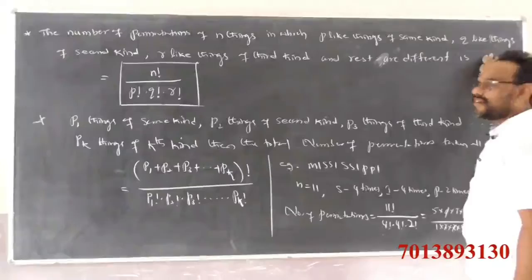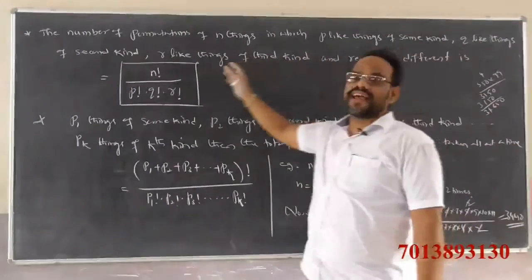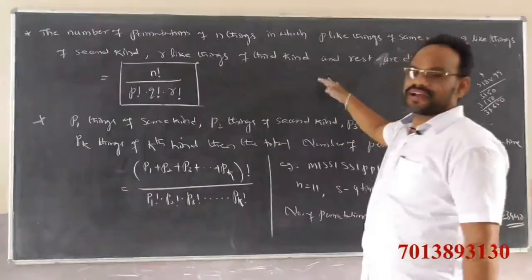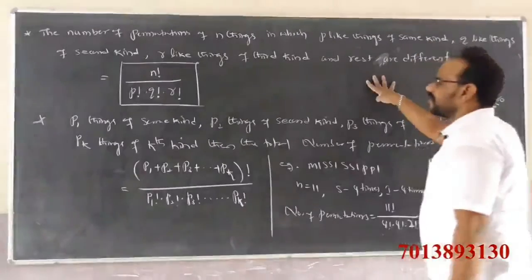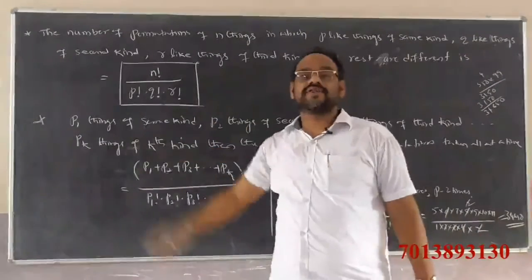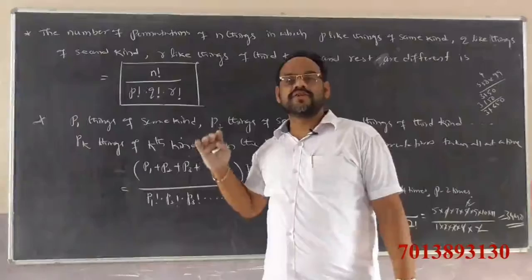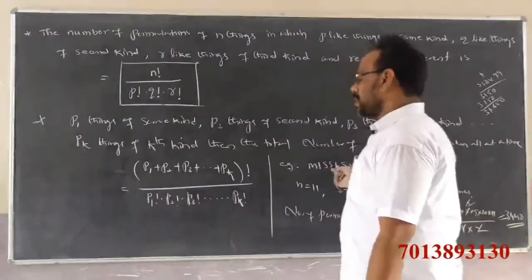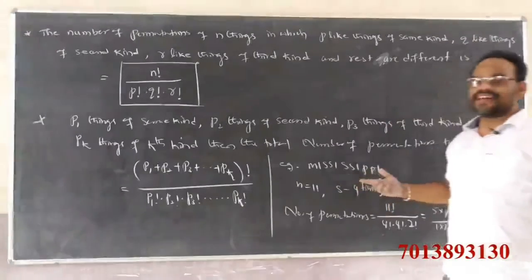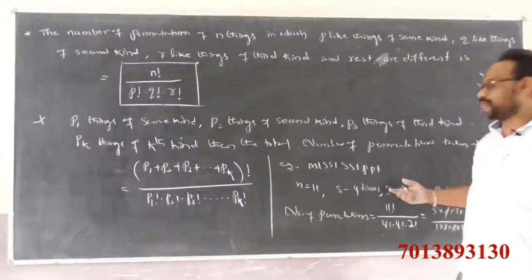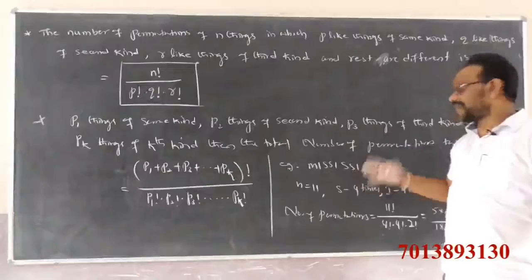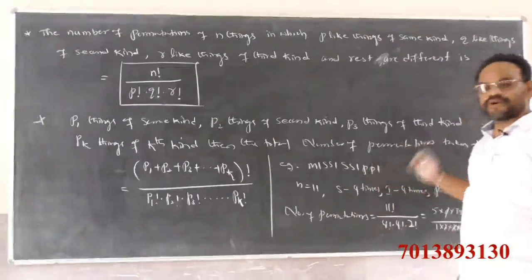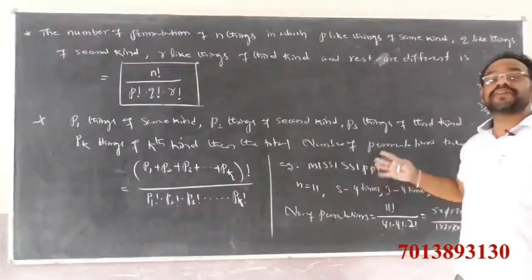and Q things are of a second kind and R things are of a third kind, and the rest are different, then the formula is clearly n factorial divided by P factorial into Q factorial into R factorial. So the number of permutations of the word Mississippi means here S is repeated 4 times, I is repeated 4 times, and P is repeated 2 times.